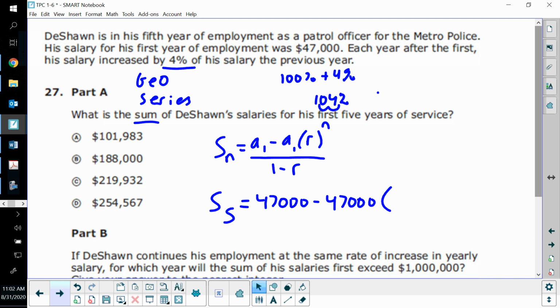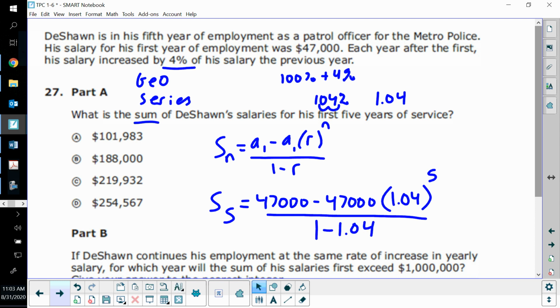And then if we move it over twice, we get 1.04. If you put just 0.04 in, that would show actually a 96% decrease, because that's a 96% drop from 1 or from 100%. Our n we said was 5, and then we have over 1 minus 1.04.